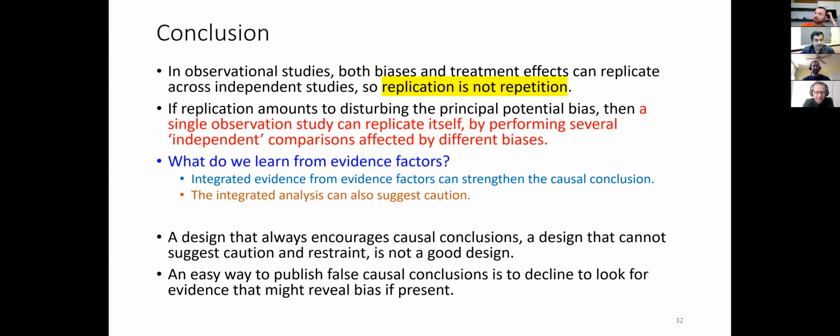Hi, I'd like to ask a question. First, thank you very much for the very interesting talk. I knew about some of the evidence factors before from Paul Rosenbaum's book, and I find them very interesting. I have a couple of questions, but I only want to start with one so that others can ask questions too.